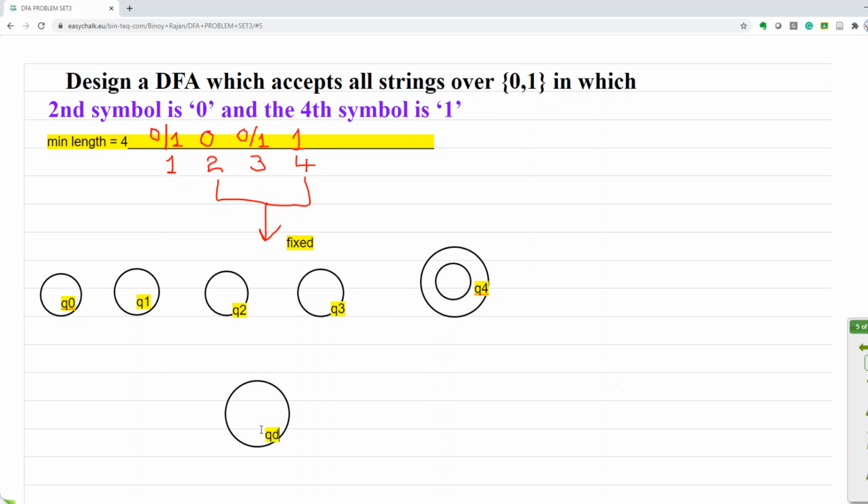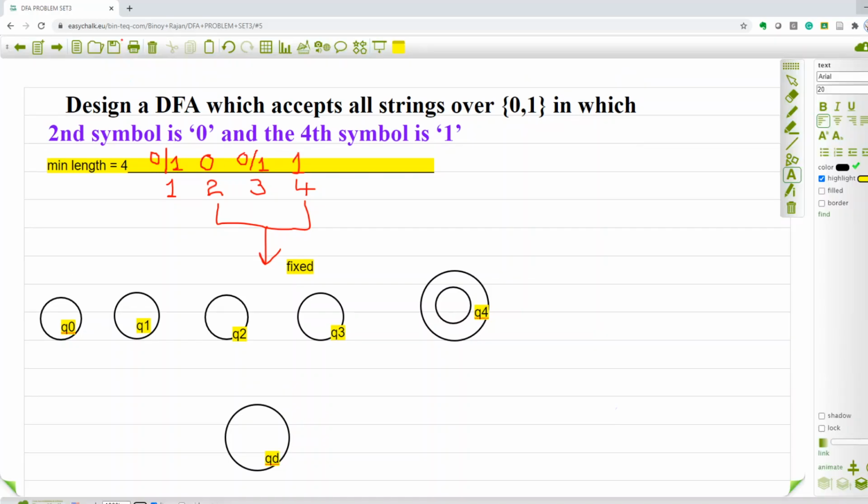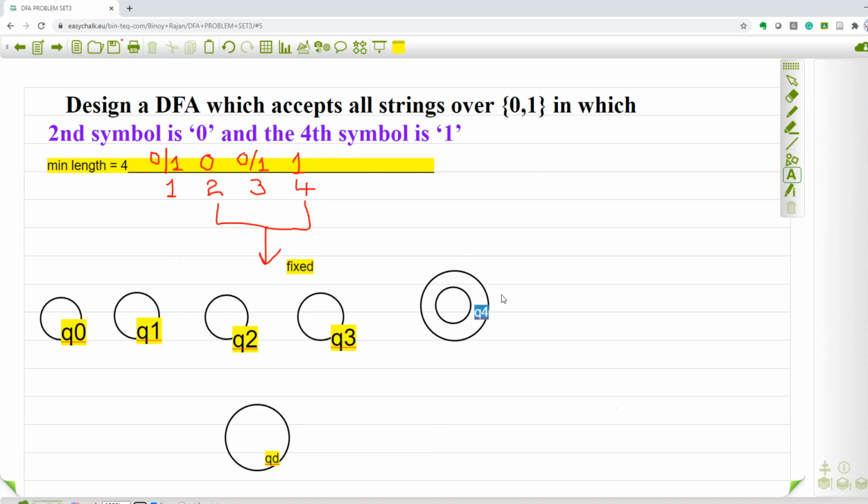And this is QD. Now let me increase the size, otherwise it will not be visible enough. So I made the labels 36, all the labels changed to 36.